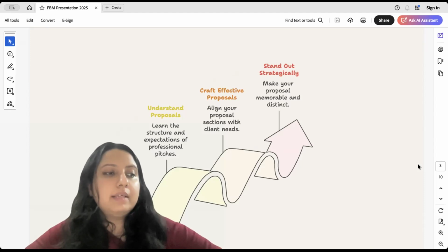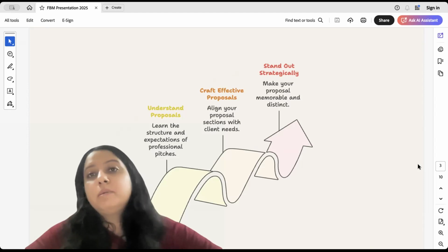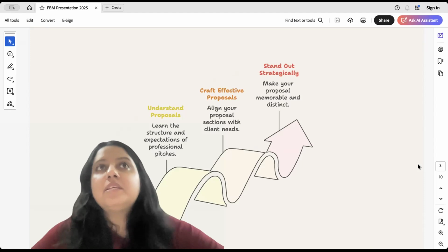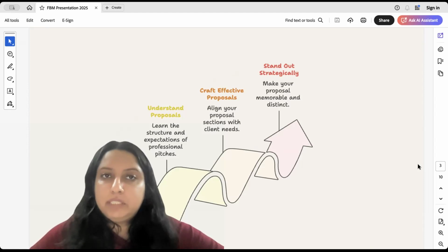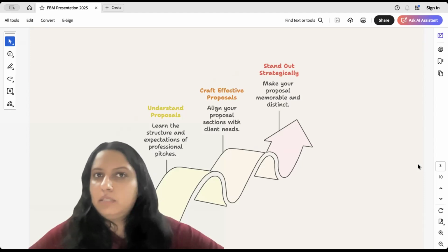I think a very important point I need to mention here, because this is 2025, is that a lot of people I've been talking to have told me how they use AI, particularly ChatGPT, to help them write proposals, which is a great use case.